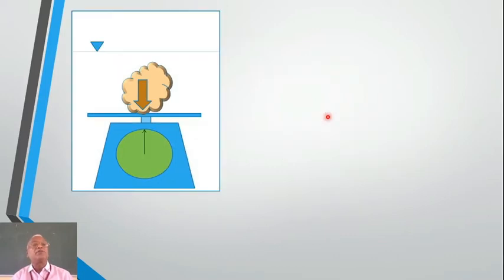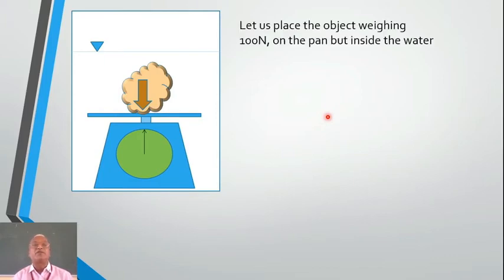Now let us put that into the water. Now what happens? You have just now seen that it is only 70 newtons. Let us place the object of 100 newtons on the pan but inside the water. Now the reading is 70 newtons, means though the object is weighing 100 newtons, effectively it will be putting a force on the pan only to a magnitude of 70 newtons.